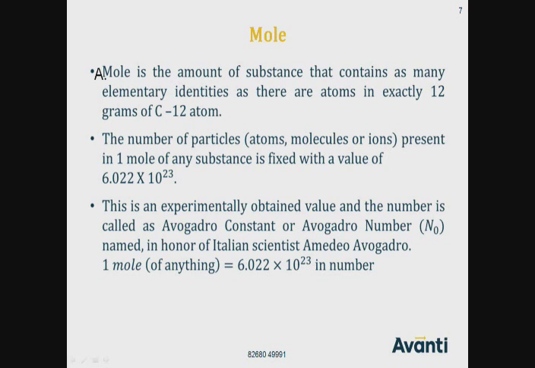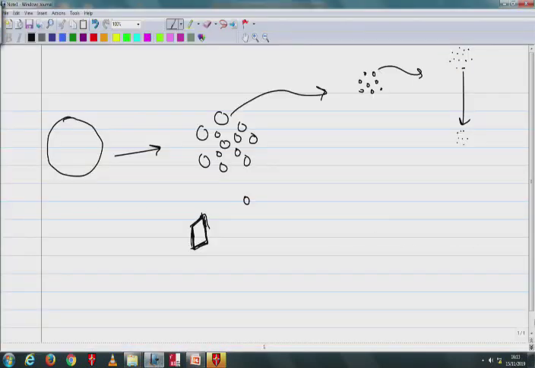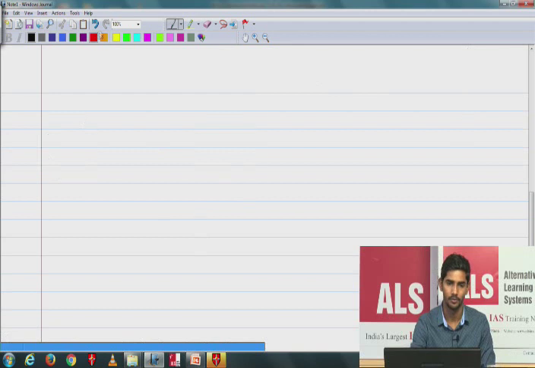Now, if I ask you the value of the mole, 1 mole has a fixed value which is equal to 6.022 into 10 to the power 23. Guys, this 23 represents that after 6.022, I need to put 23 zeros. To simplify it, suppose I write 4 into 10 to the power 3.